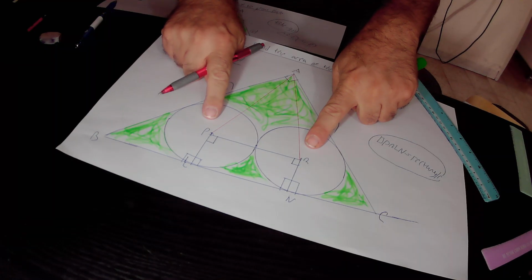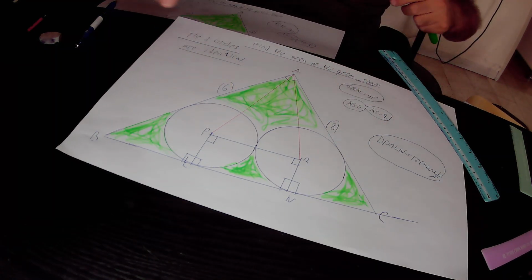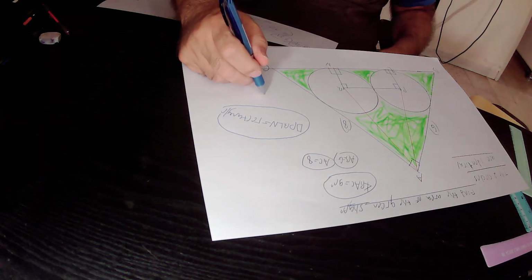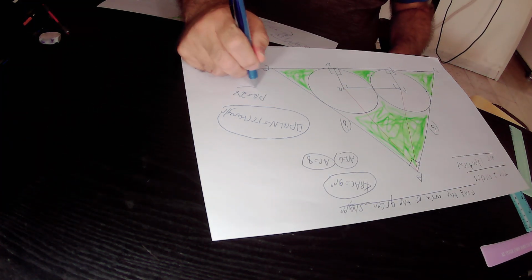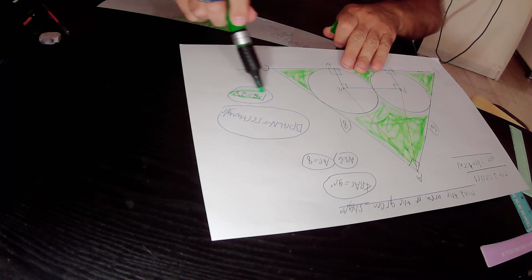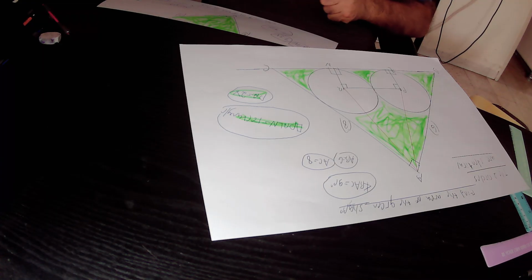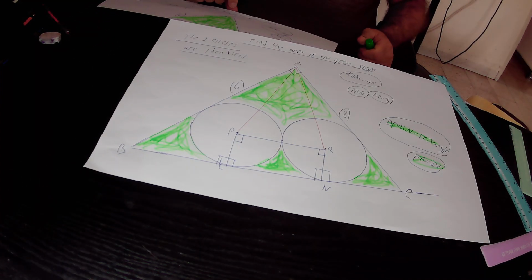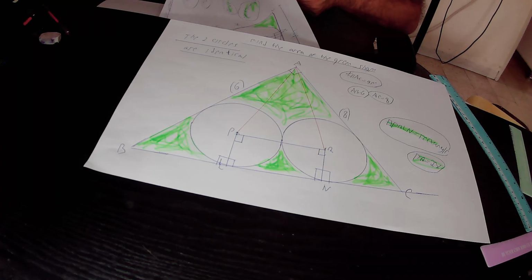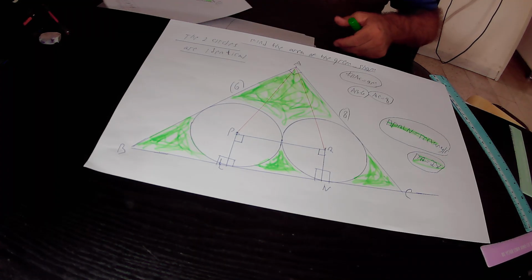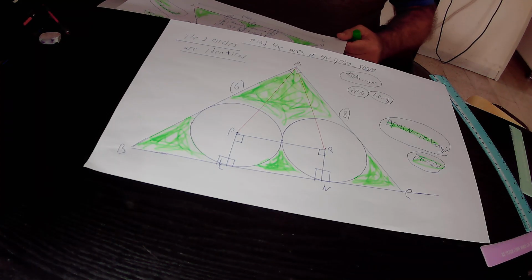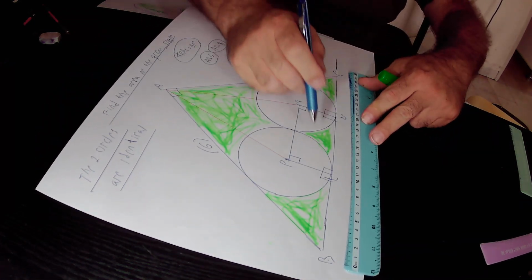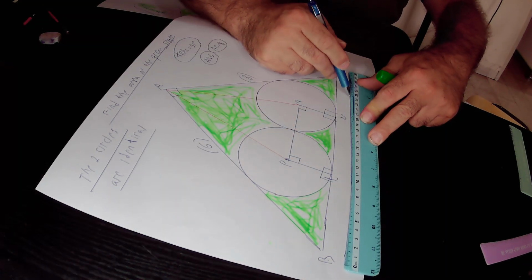This PQ equals 2x units in its length. BC, of course, equals 10 units in its length, according to the Pythagoras theorem. BC equals 10.